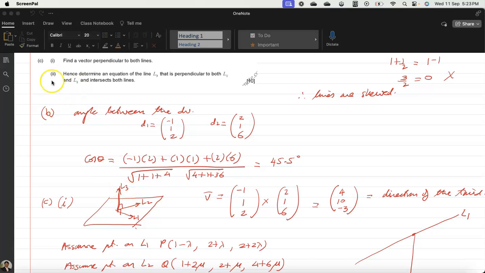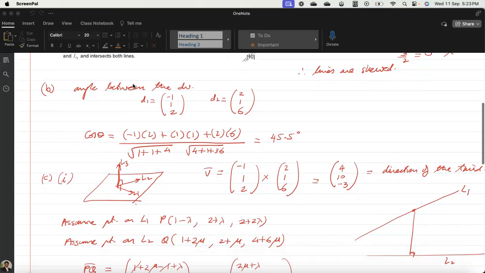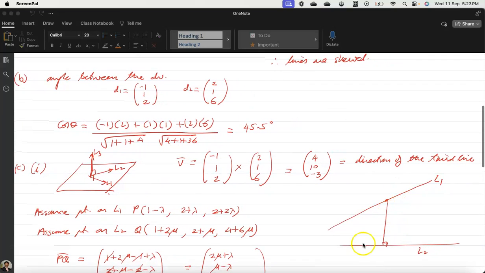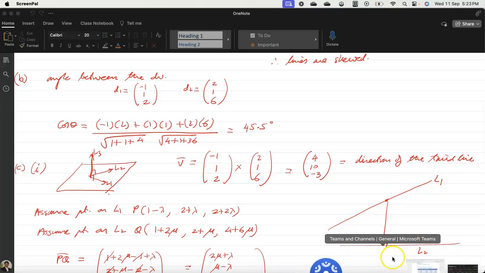Now this is the most important part. Hence determine the equation of a line L3 which is perpendicular to both L1 and L2 and intersects both those lines. So now these are skew lines. This is very roughly how I've drawn L1 and L2 as skew lines, meaning they are neither intersecting nor parallel in 3 dimensions.